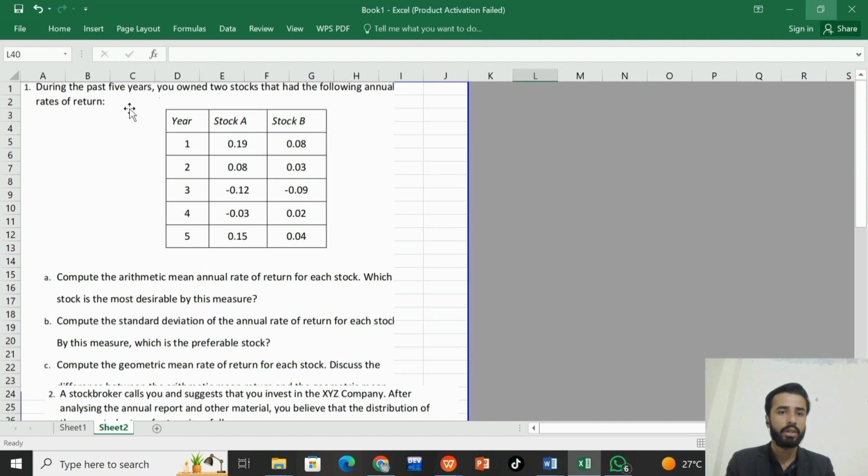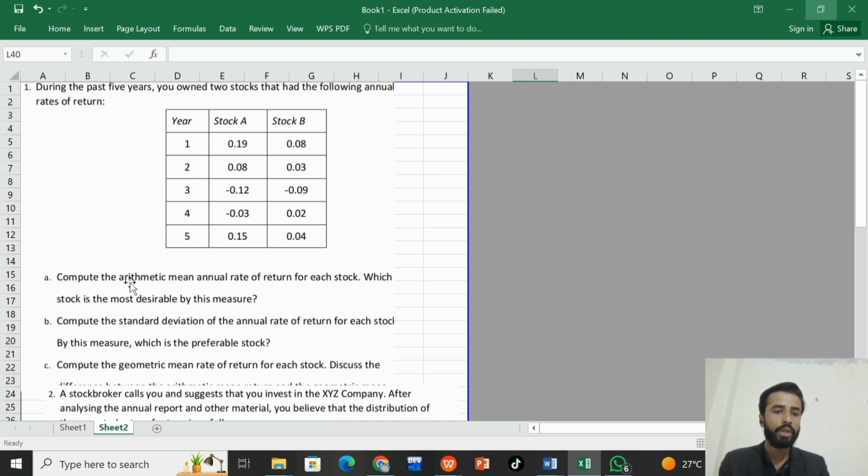Here is the question. We perform it in MS Excel and solve these topics. Question number one: during the past 5 years you owned two stocks that had the following annual rates of return, stock A and stock B. The rates of return are given for the 5 years for both stocks.